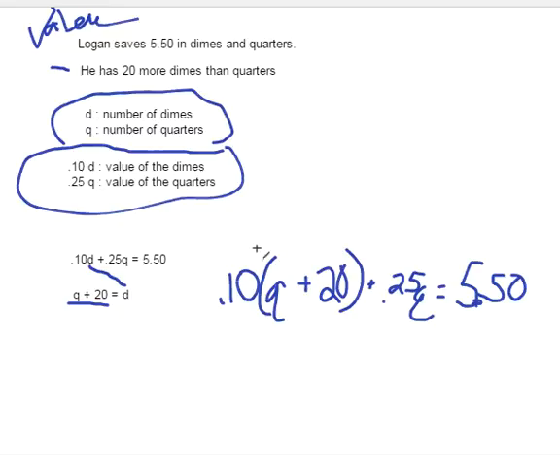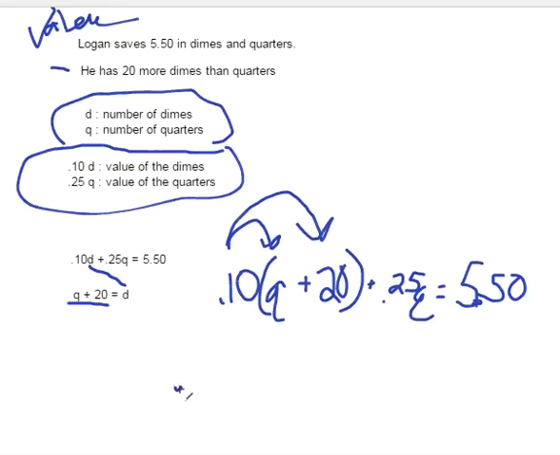So now I'm going to start working this out. If you don't know where to begin, always take a look at those parentheses. And parentheses says to me, distribute. I'm going to distribute my 0.10 to the Q and the 20.